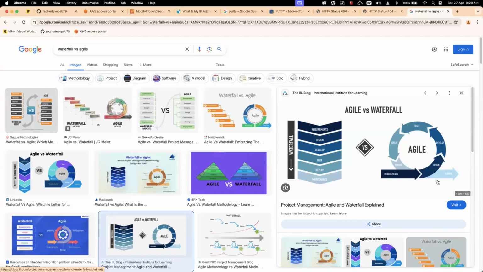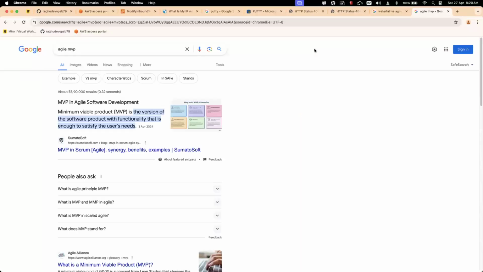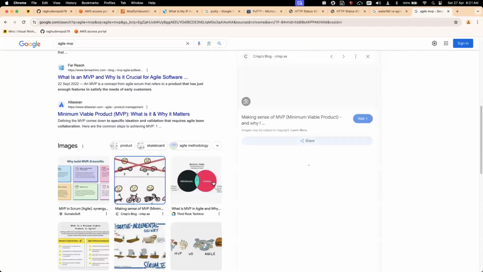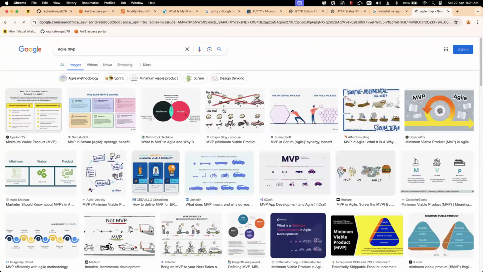So what we generally do is, in agile there is a concept called MVP, minimal viable product. If a company wants to get onto the market, what is the minimum MVP which is needed to get onto the market? This is a very important one, and in general you need to understand it.